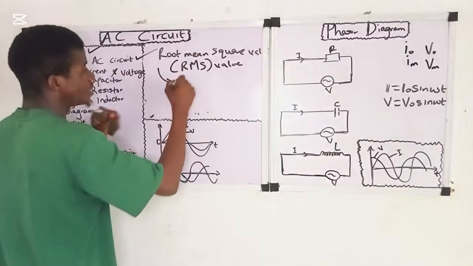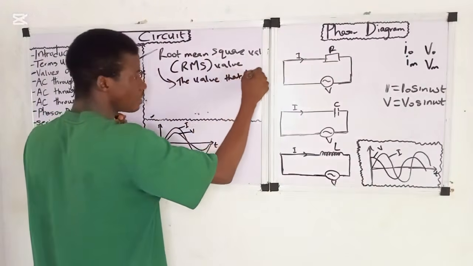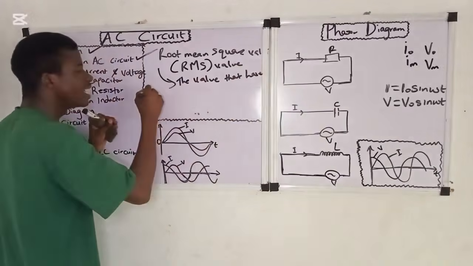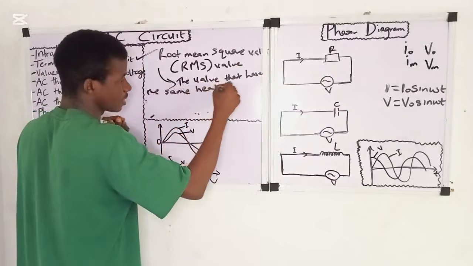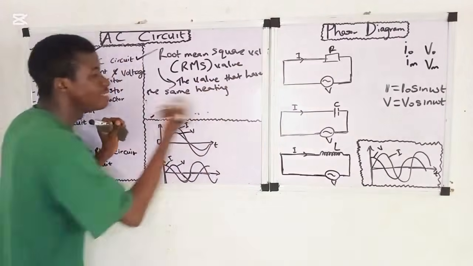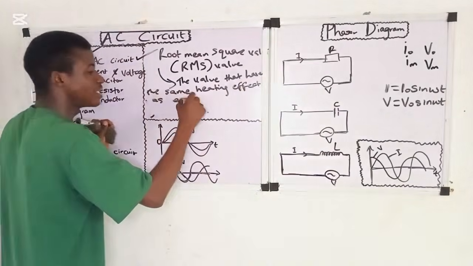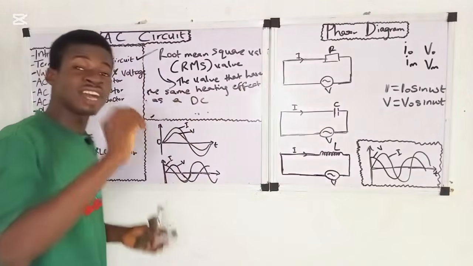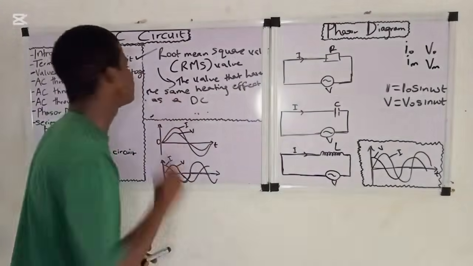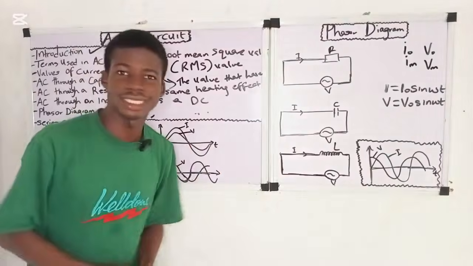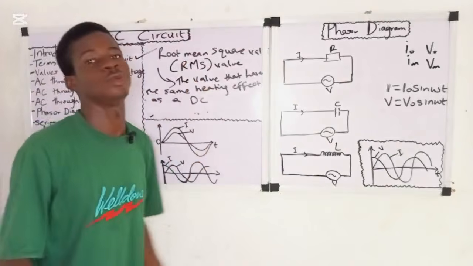The root mean square value is the value that has the same heating effect as a direct current, as a DC. So that value of an alternating current that has the same heating effect as a DC is known as the RMS value.